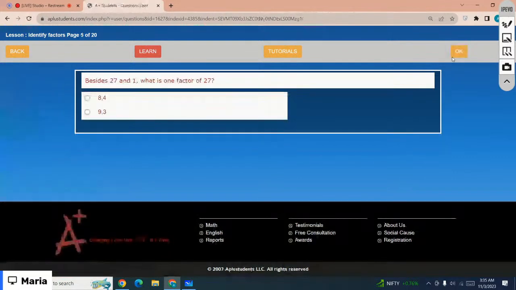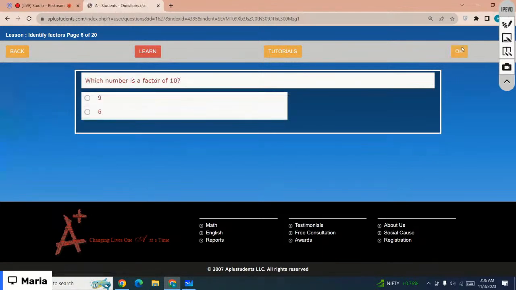Okay, besides 27 and 1, what is one factor of 27? So, which is the correct option? Yes, the correct option is 3 and 9, right? Because 3 times 9 makes 27. So, 3 and 9 are the factors of 27.